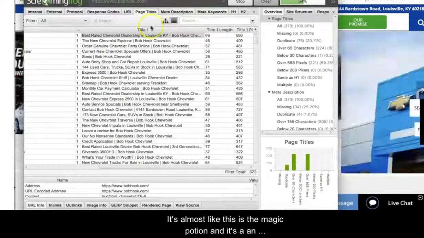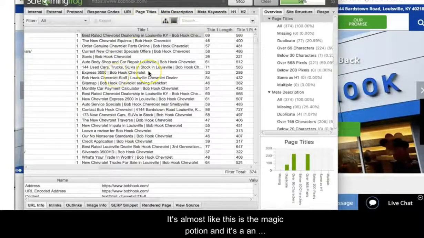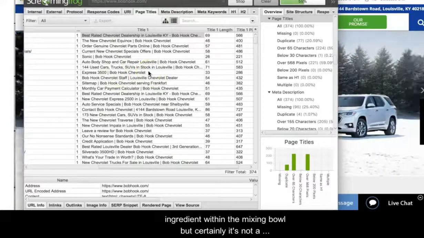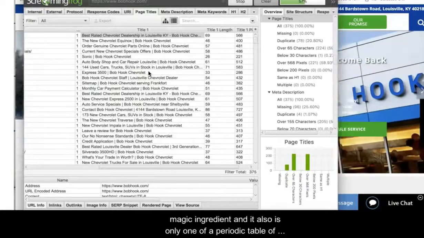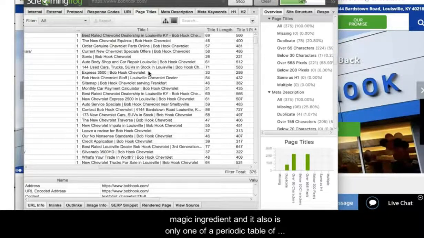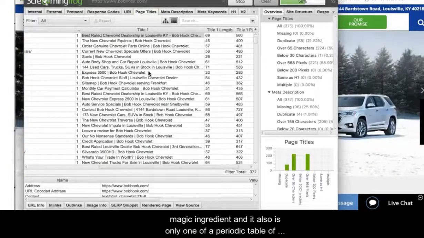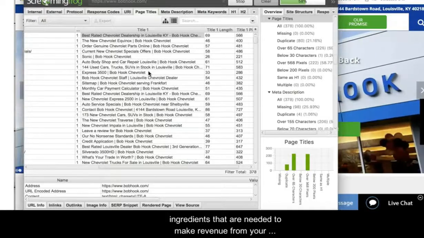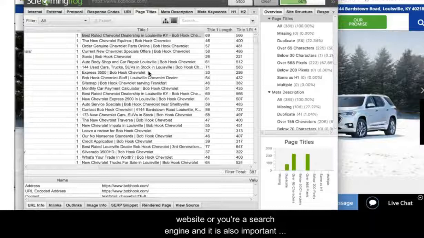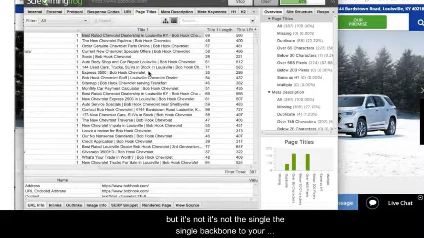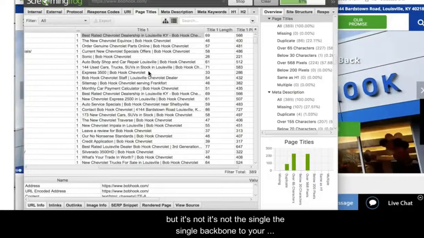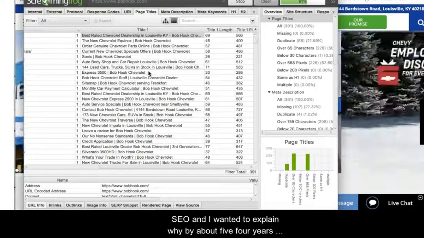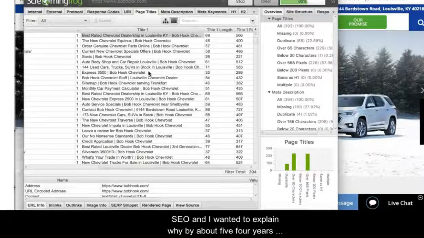It's almost like this is the magic potion, an ingredient within the mixing bowl, but certainly it's not a magic ingredient, and it also is only one of a periodic table of ingredients that are needed to make revenue from your website or your search engine. It is also important, but it's not the single backbone to your SEO. And I wanted to explain why.